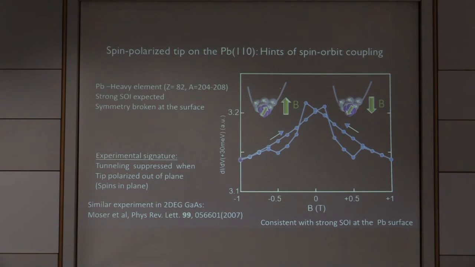Also, it comes out of DFT calculations, but we actually believe that we can see some signatures of strong spin-orbit coupling just by measuring with a spin-polarized tip on a substrate, where we see a reduction of conductance if you apply magnetic field. It's not easy to make a one-to-one correspondence, but people can relate this to weak anti-localization measurements, where you would expect this kind of behavior for systems with strong spin-orbit coupling.